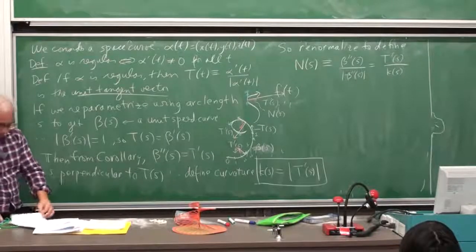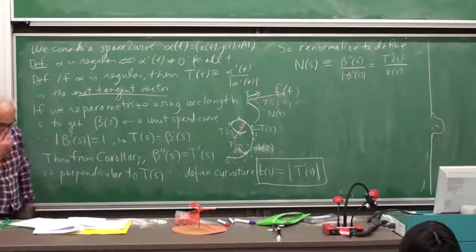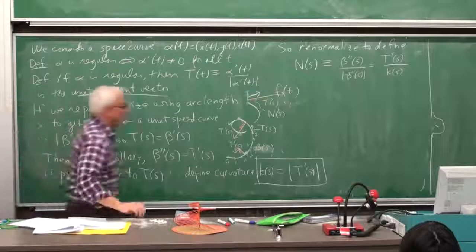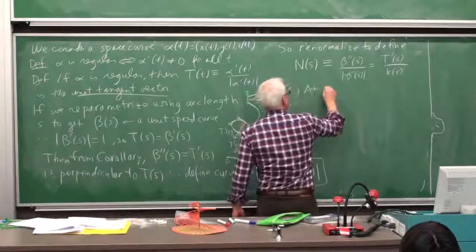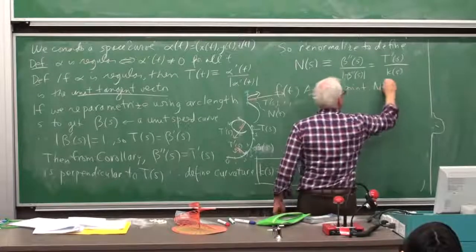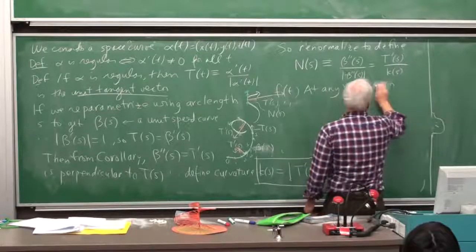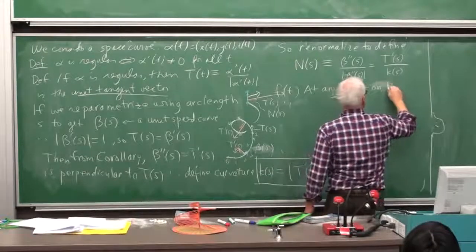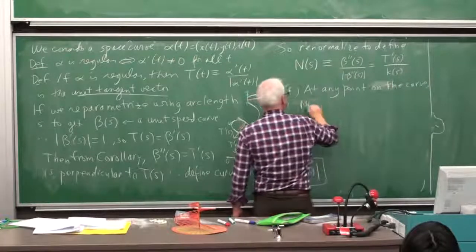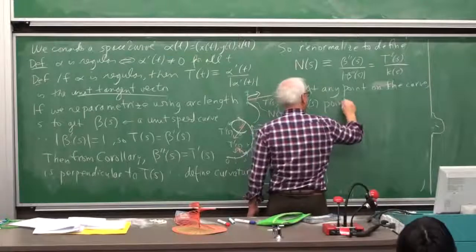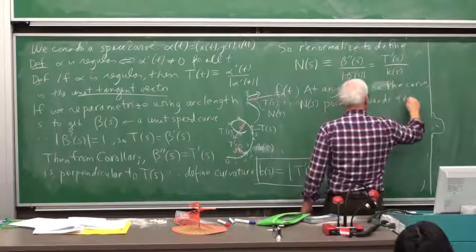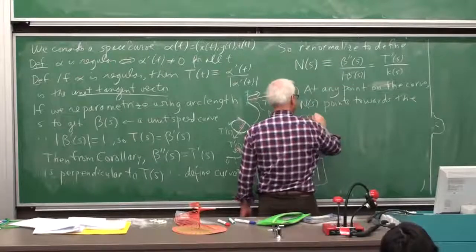All right, great. So we have these two vectors, and at any point on the curve, n of s points towards the center of curvature.